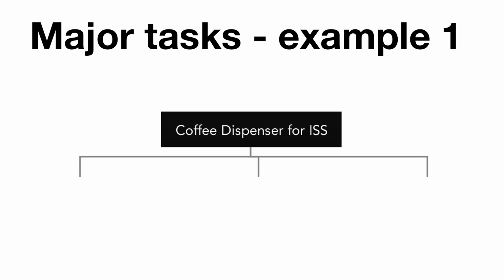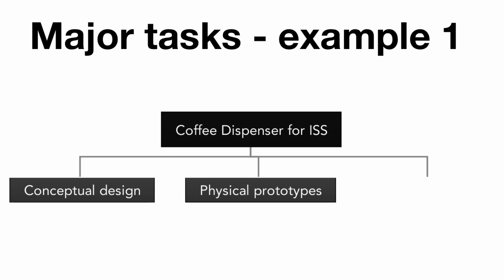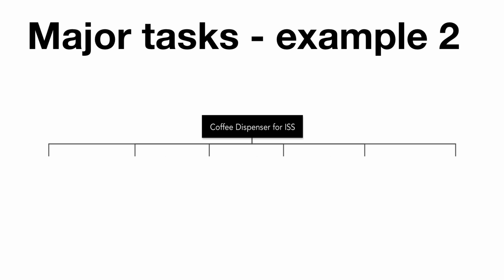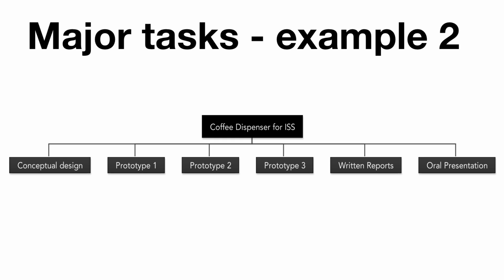In the first option, we can define the major tasks as conceptual design, physical prototypes, and communication. In a second option, the major tasks could be conceptual design, prototype 1, prototype 2, prototype 3, written reports, and oral presentation.